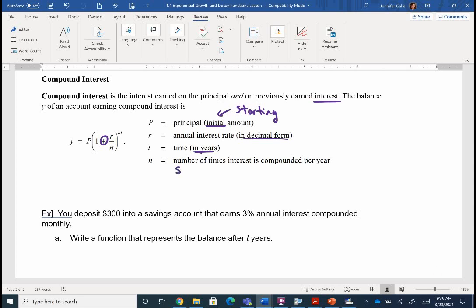So if you hear semi-annually, semi-annually is going to be 2 times a year. Oh, I forgot an N in there. All right, so semi-annual, the interest is going to be compounded 2 times a year.